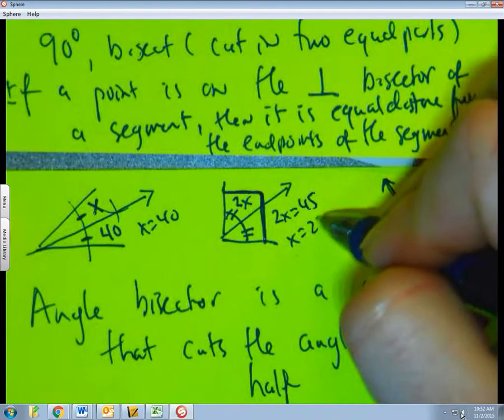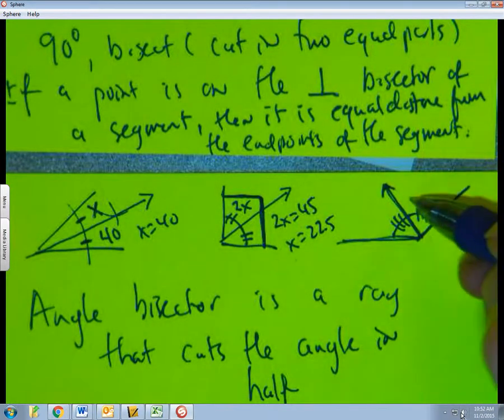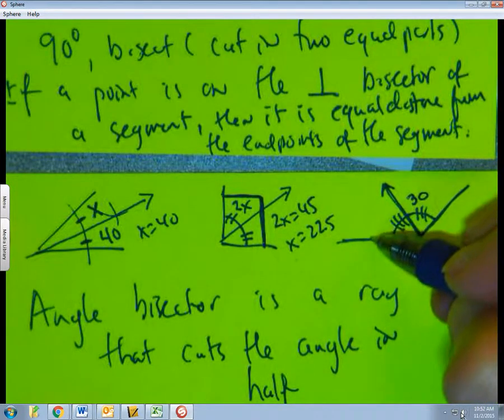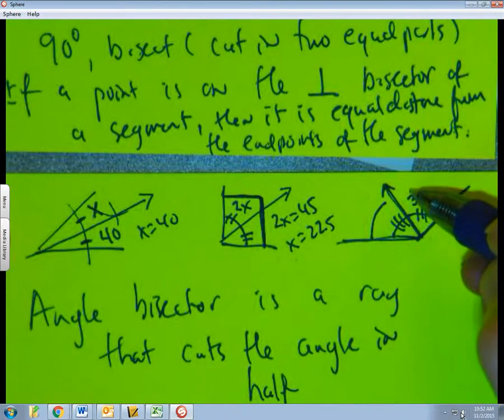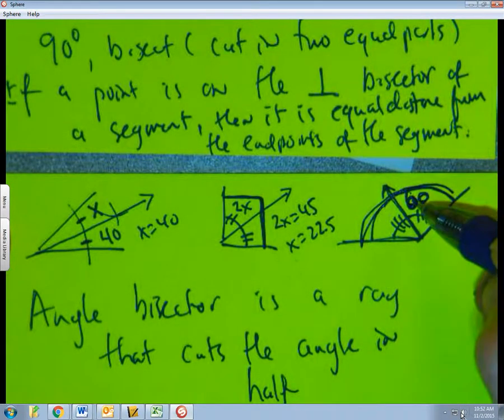Same kind of thing here. Let's say this is 60. What is this whole thing? Well, if this is 60, then this guy's 60. We'll get 120. So that's where we're going.